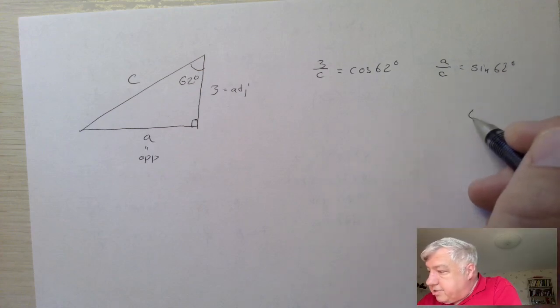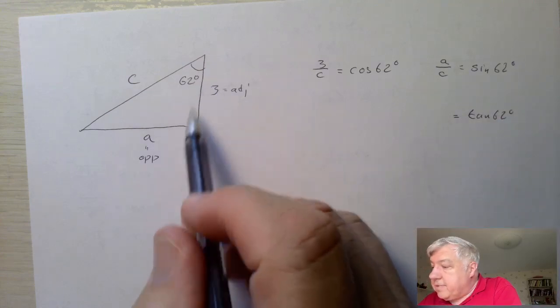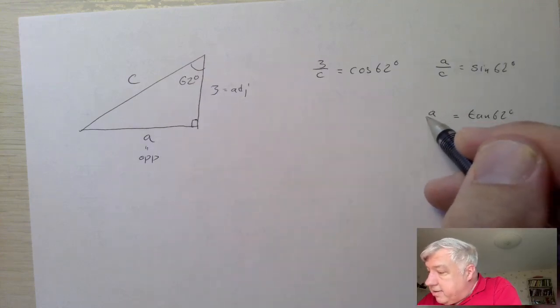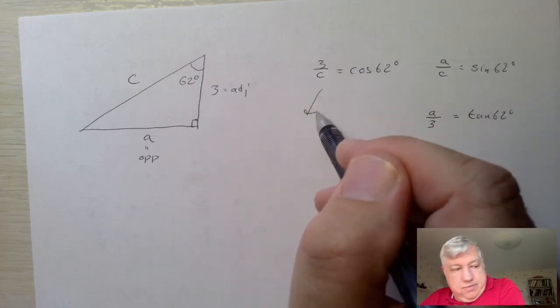And then the tangent would be A divided by 3.